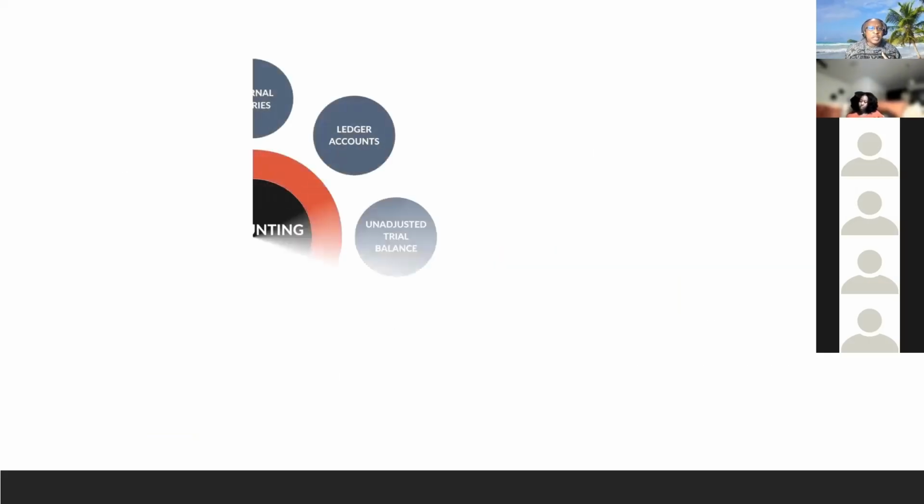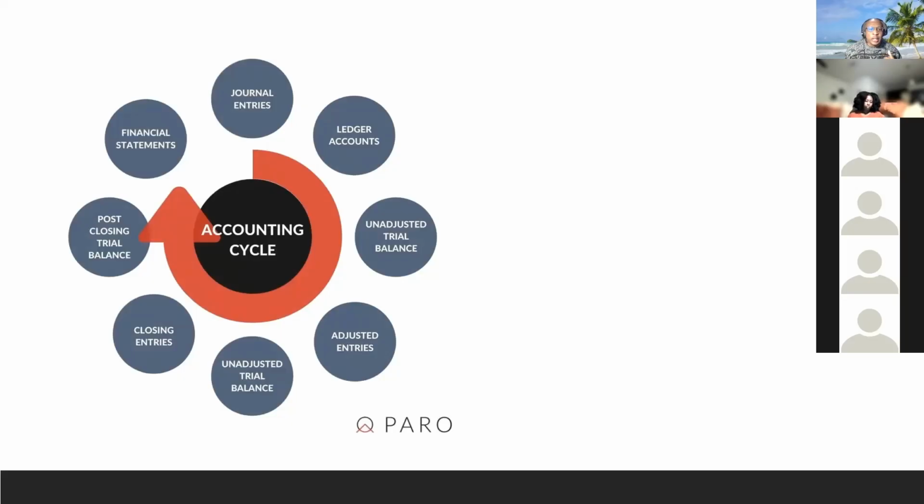So let me jump into quickly the accounting cycle. Those of you who have done accounting, and there are a lot of finance majors I saw from the introduction that you provided, you would have known that these are the various aspects of an accounting cycle, right? It starts with transactions that are recorded, and then those transactions are entered in the ledger.